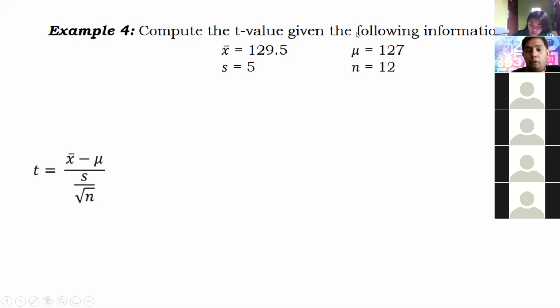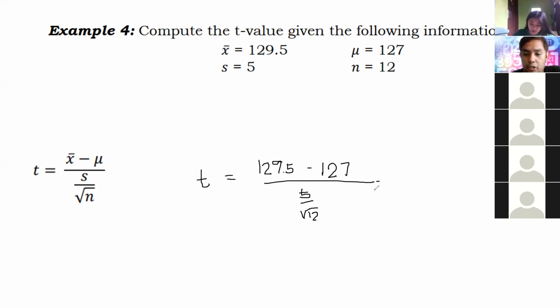So, to compute for that, t is equals to 129.5 minus 127 all over 5 over the square root of 12.